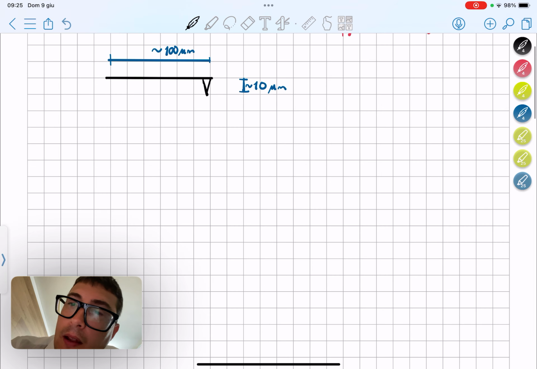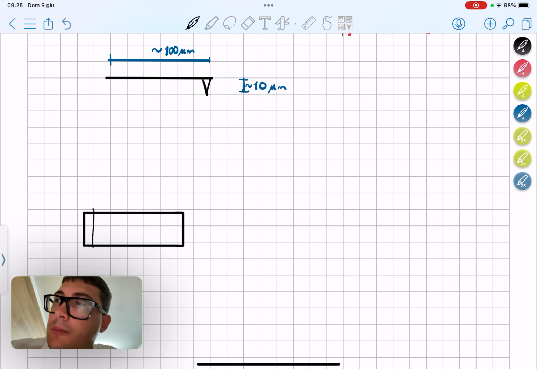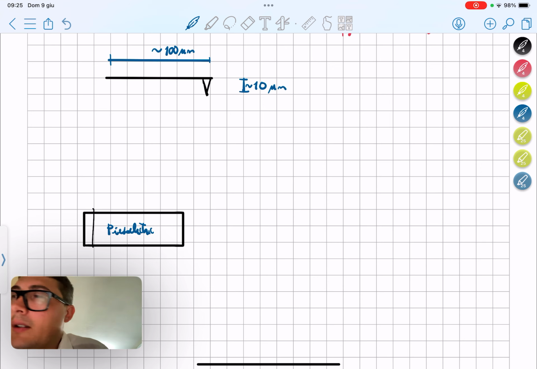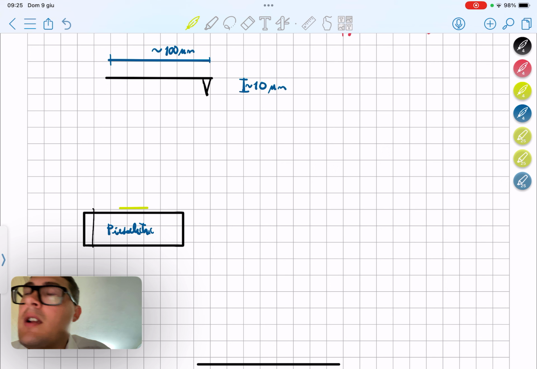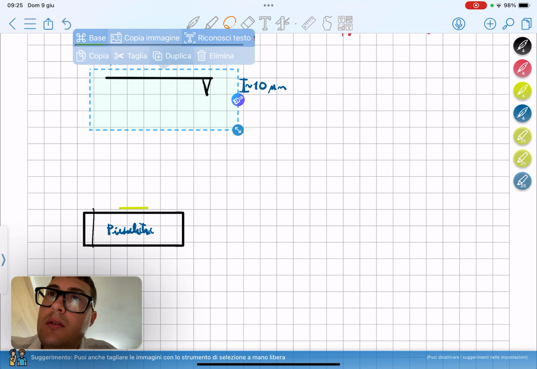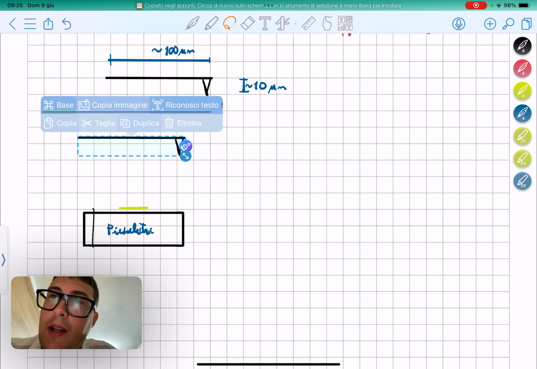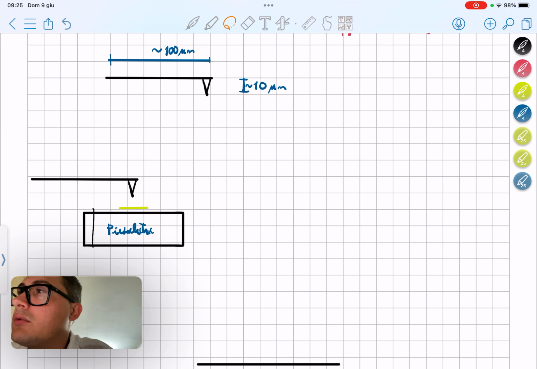The sample itself is resting on piezoelectric equipment. So we have our sample here, which is this yellow one, and the cantilever, which may be connected to a driver, but we will see that later on.